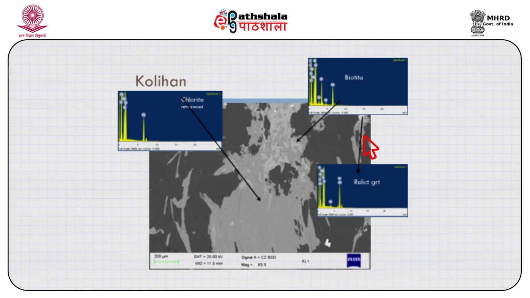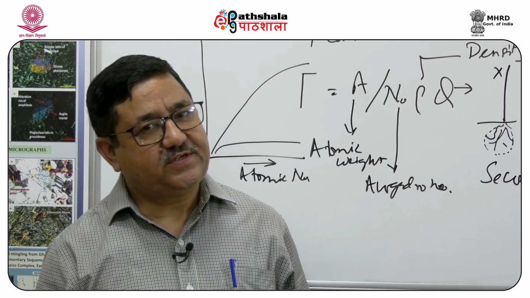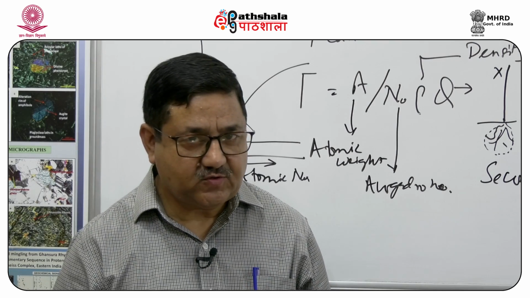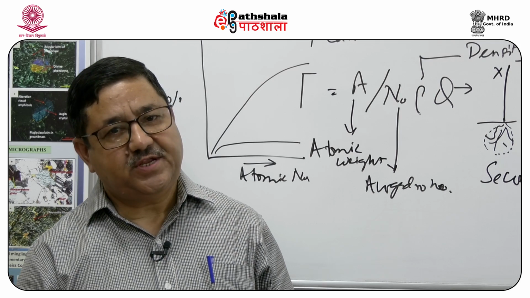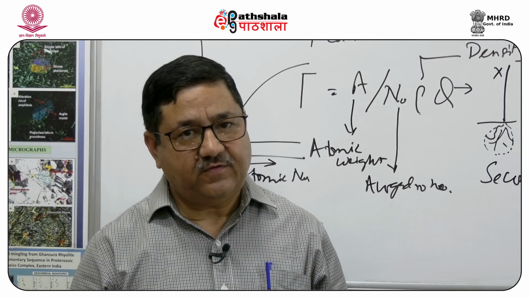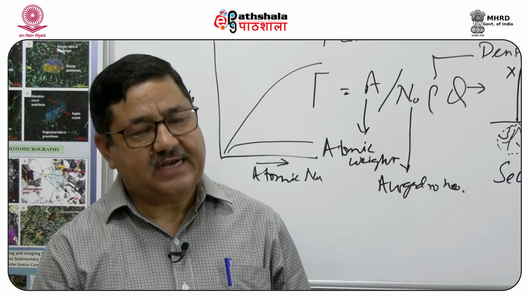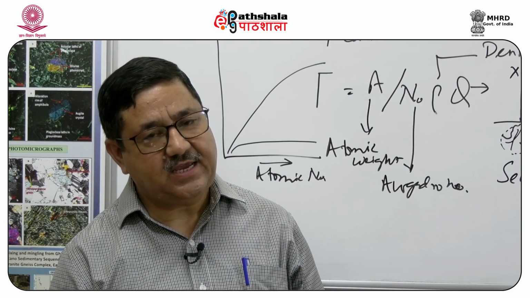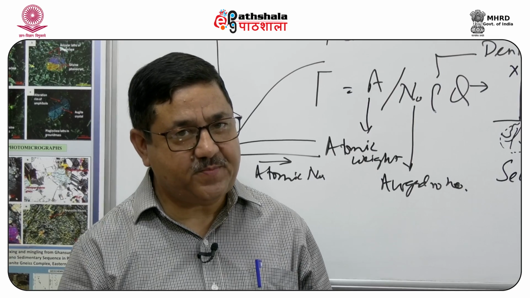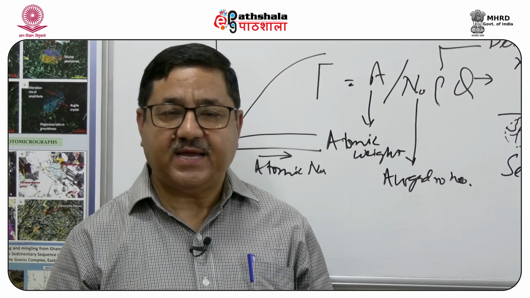So, the combined backscatter image and the characteristic X-ray data allow us to distinguish not only the material, but also to work out the reactions which have taken place in geological material. So, we see that a scanning electron microscope allows us to distinguish and resolve geological material at a significantly higher level, not only in terms of microscopy, but also in terms of its chemical entities.